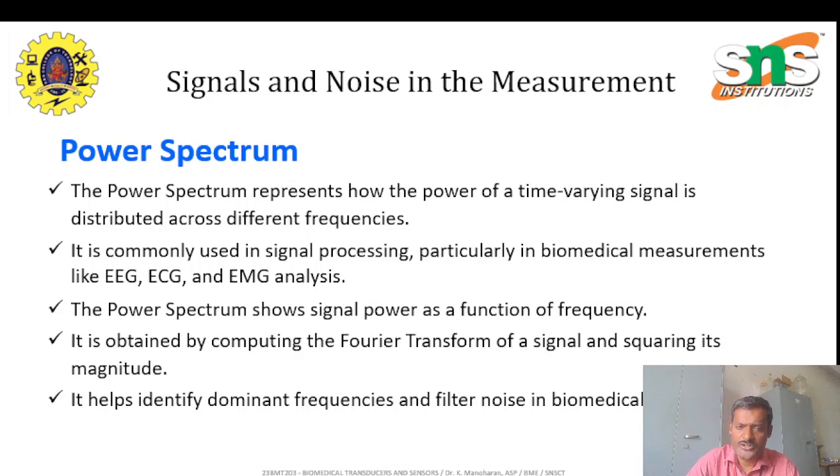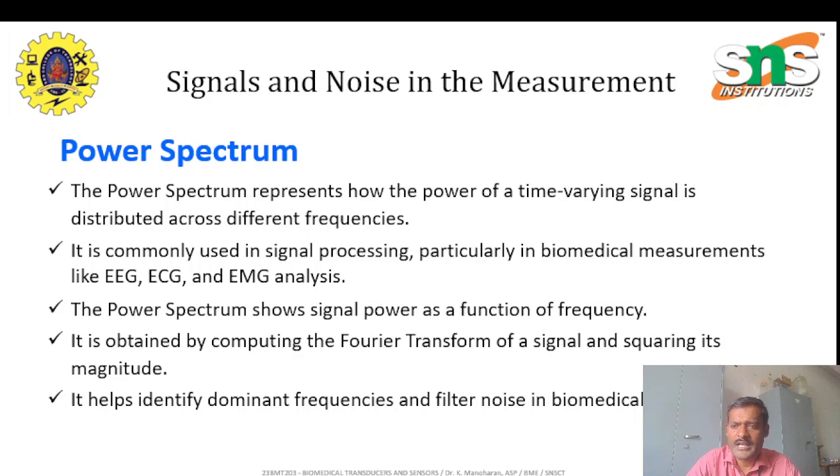The power spectrum shows the signal power as a function of frequency. It is obtained by computing the Fourier transform of the signal and squaring its magnitude. Converting from the time domain to the frequency domain, we use the Fourier transform. It helps identify the dominant frequencies. We can see which frequencies are dominant and which are not, and that is easily identified by the power spectrum.